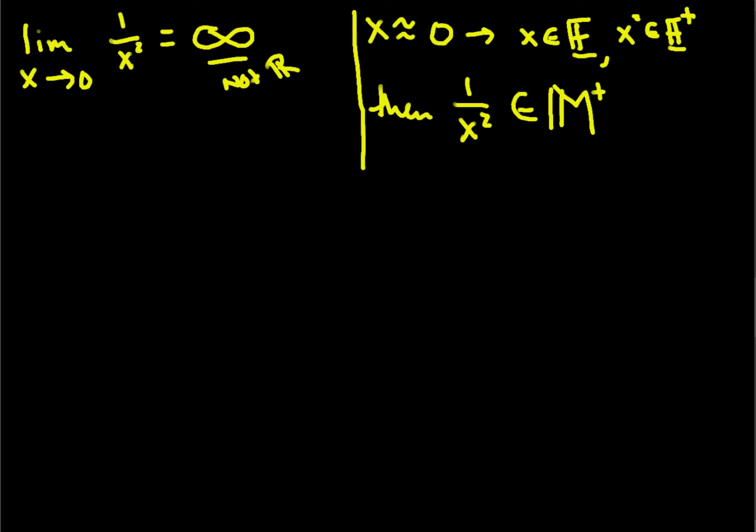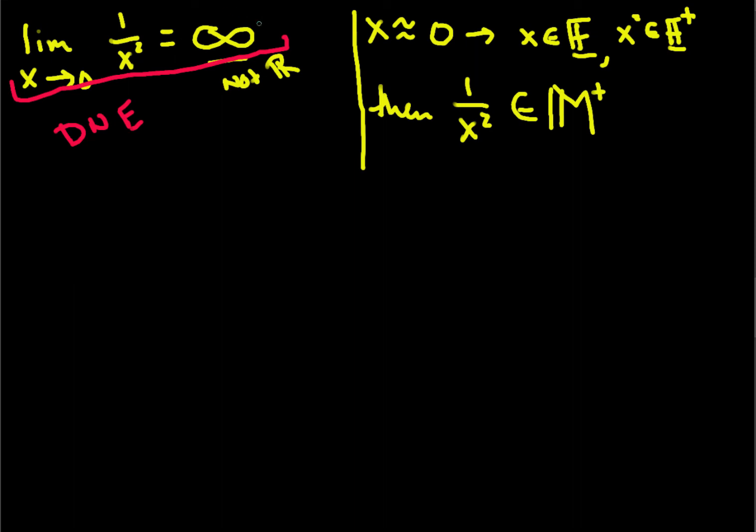So this limit, and I can't stress this enough because I know there's confusion in the language, does not exist. Because when we talk about limits existing, we're saying they go to a real number. But infinity, this symbol, is not a real number.